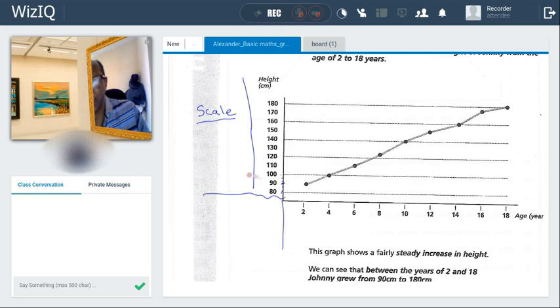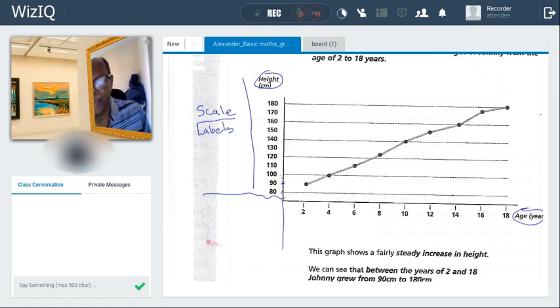Number two is going to be the label, which is very common to you who write assignments or projects. Labels are extremely important. We know that what is on the vertical axis is height, and that what is on the x-axis is age. These are called labels.